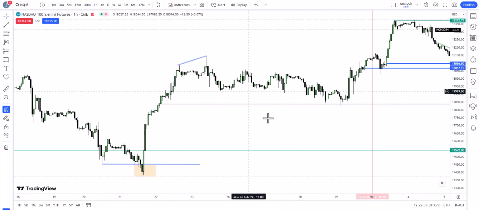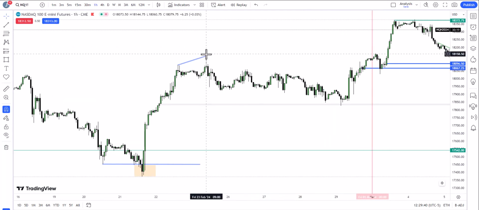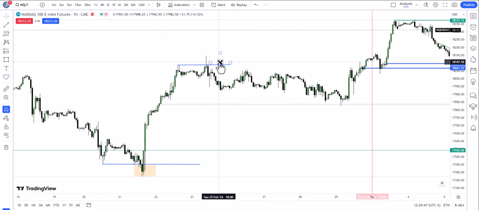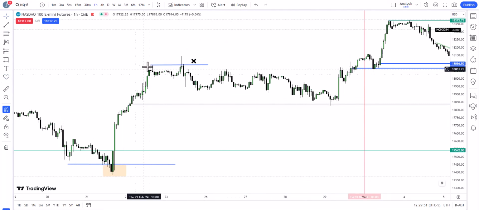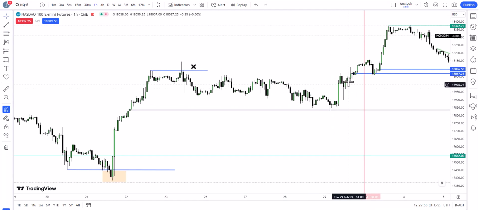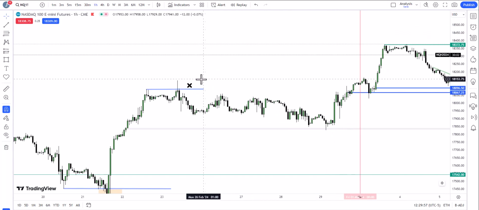So the higher high, price just swept above it here. What would have been resting above that level would have been buy stops. So when price came up here, consolidated a good few days, expanded away from that level, it took out these highs here.